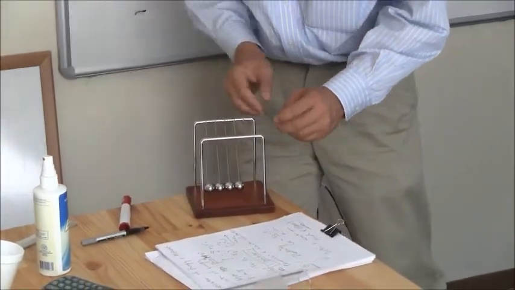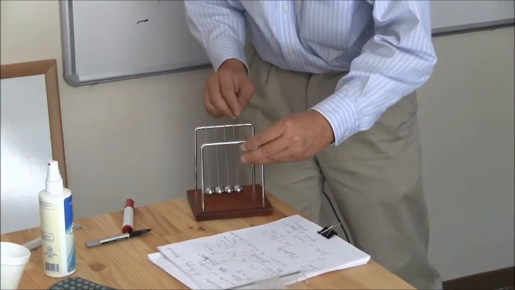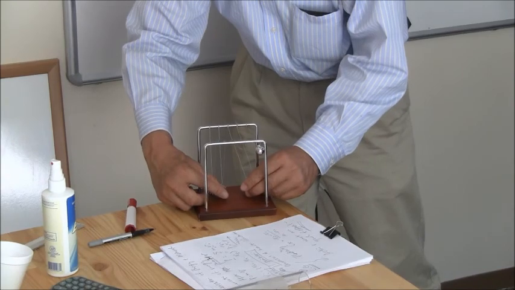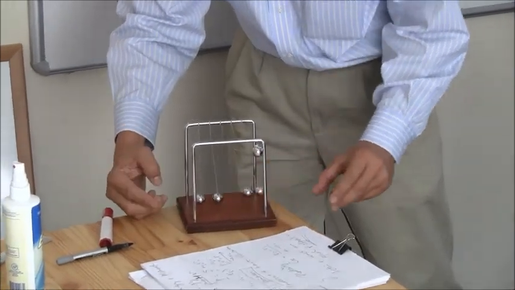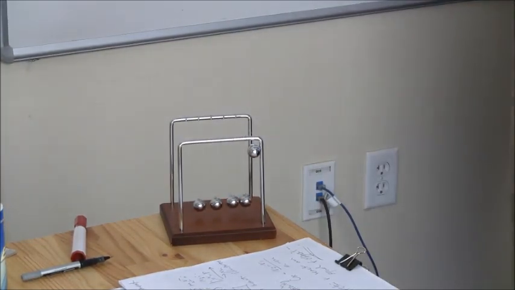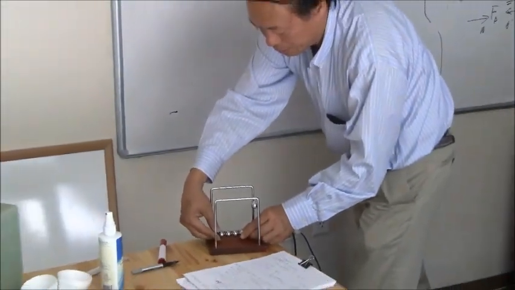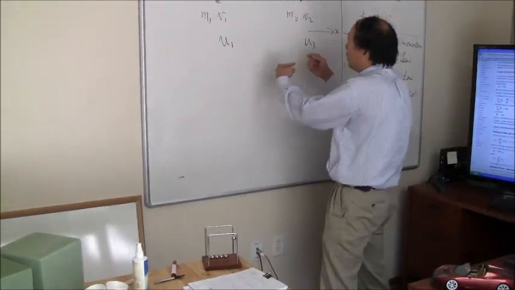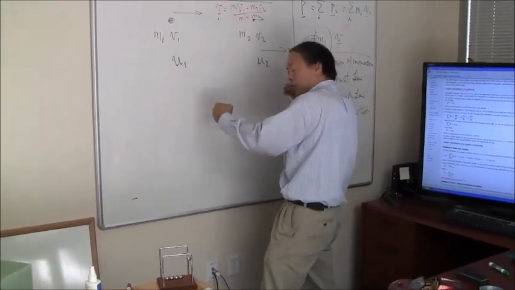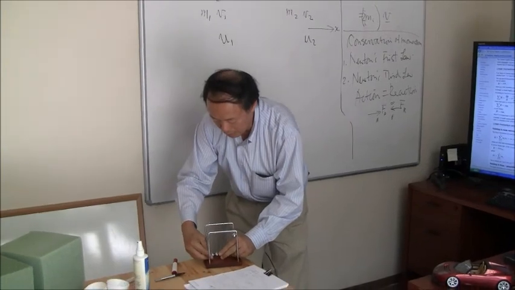So let's just keep it up here like this. If we have a particle of two of these speed hitting the other one, very obviously the one bead would hit the other one, and then it would just simply stop, and the other bead would move off with the equal velocity.